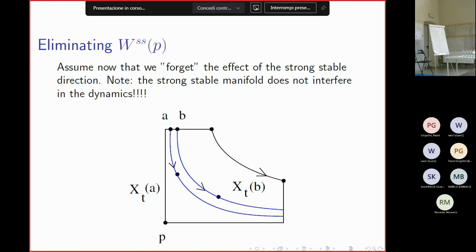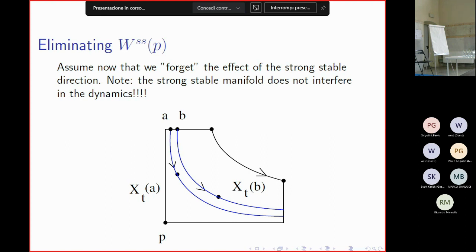What you see is this. Here is the unstable direction, and this is the weak stable direction. You take an interval here, transverse, and another one here. If you pick two points there and start flowing, you have this shearing, because once you get near the singularity, the time is growing.